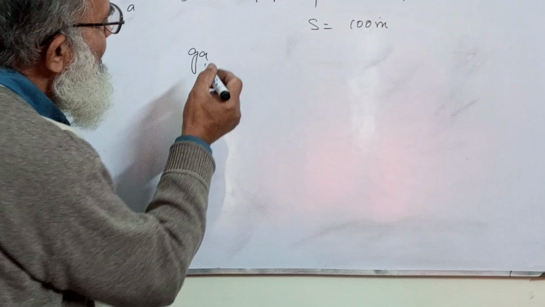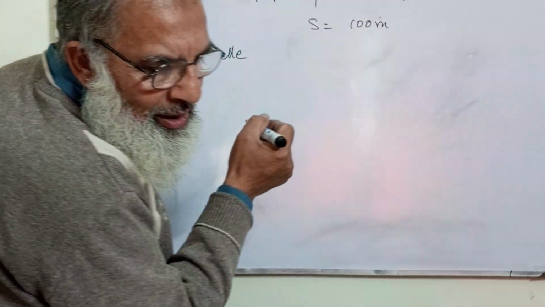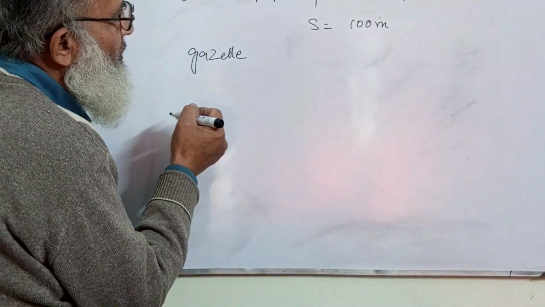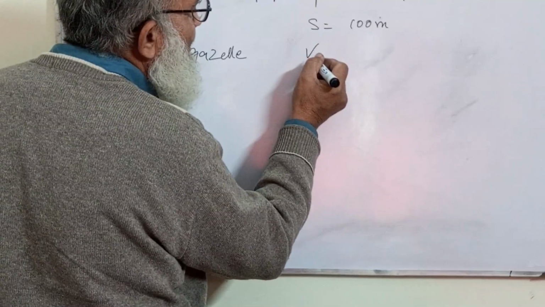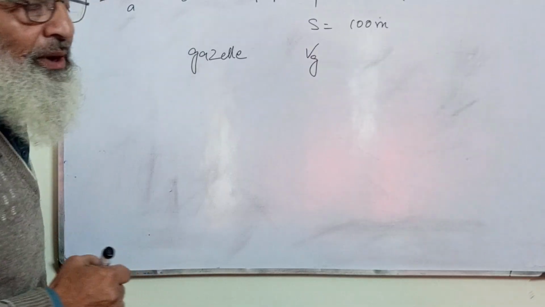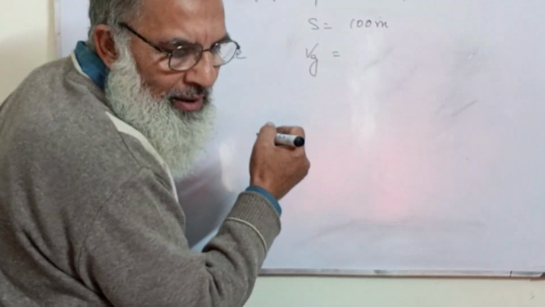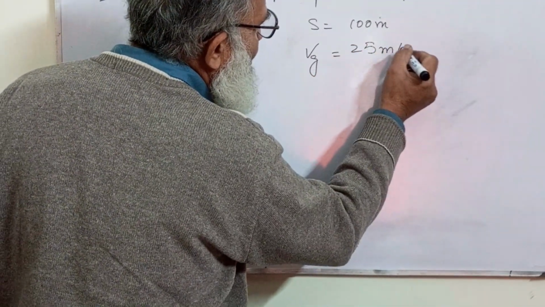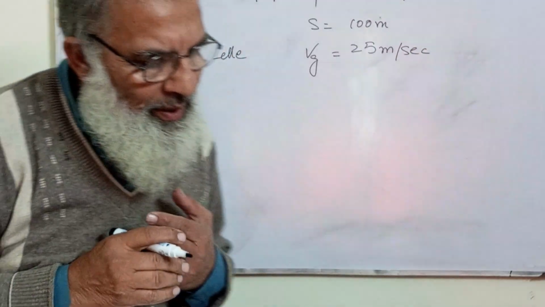Gazelle, such as Thompson gazelle, has a top speed of 25 meters per second. Now, this is the speed of gazelle, Vg. Speed of gazelle is 25 meters per second. I hope my board will be filled up with the data now.